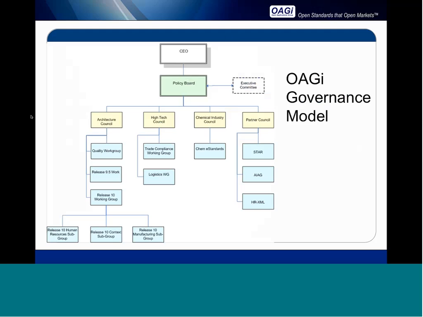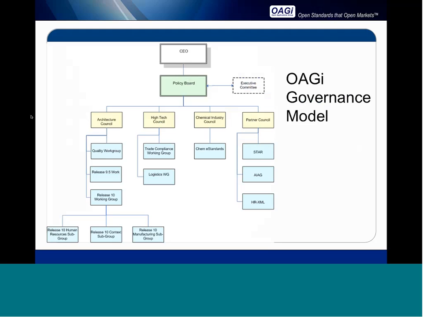The governance model starts at the top with the CEO and the policy board, or again, the board of directors. And then there are the councils: Architecture, High Tech, Chemical Industry, and Partner Council. And you can see there many of the work groups, and under the Chemical Industry Council, there's TIMI standards, and within that, there's the work on the gap analysis. And in the Architecture group, there's the Quality Work Group, as I indicated.